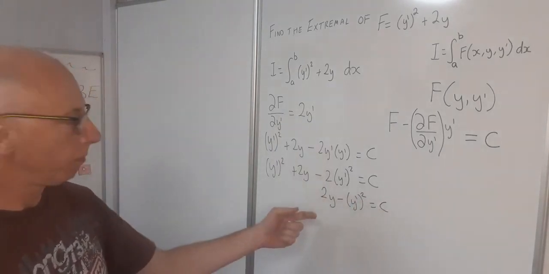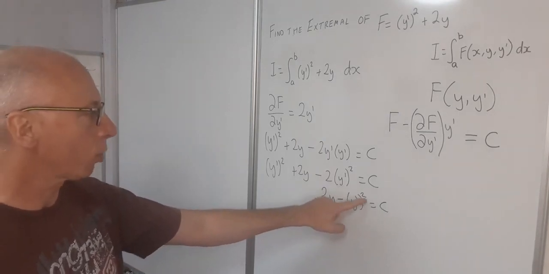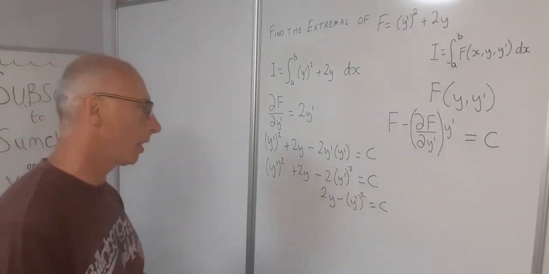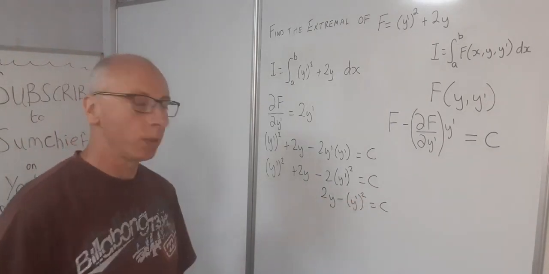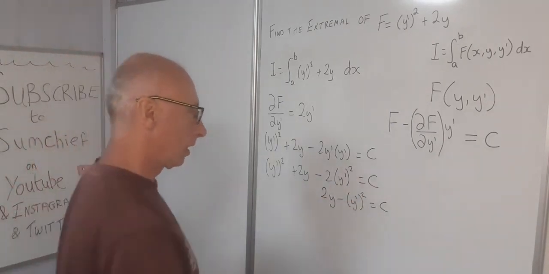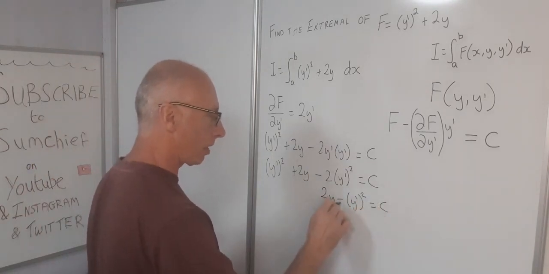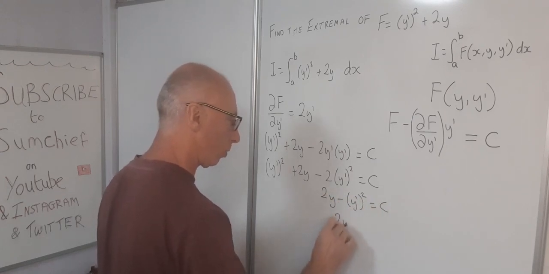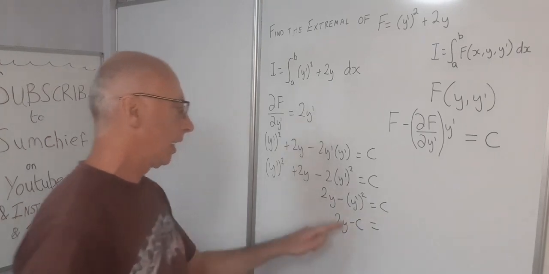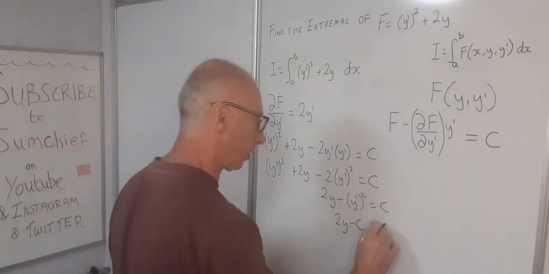Okay, now our goal is to try and get y on its own, but we've got this y prime squared here spoiling the party a little bit. So let's isolate this, and maybe we can take the square root to get rid of that. If we send this to this side, because we want to get rid of the minus, then bring the c over this side. So the c on this side will become a minus c, and the minus y prime squared on that side will now become positive.